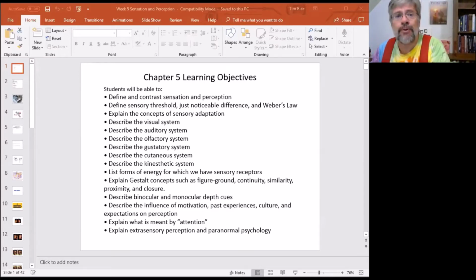And that's the other part of the chapter title. It's sensation and perception. They're not the same. They're very closely related. But not the same. In fact, I'm not really a fan of the way I organized the book, putting the sensory system with the perception.